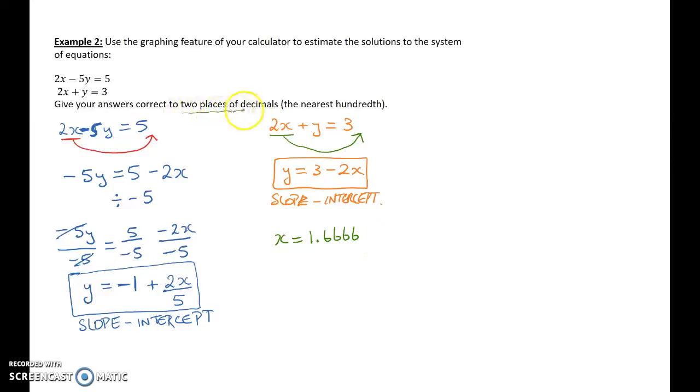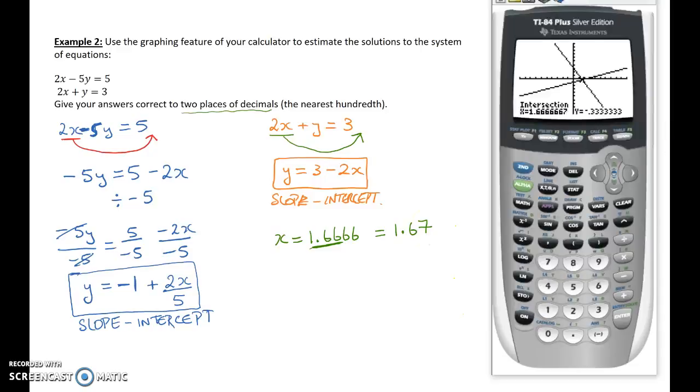Okay, 2 decimal places, the nearest hundredth. So you need 2 places in your answer. So you're going to have 2 places of decimals in your answer. Look at the next one, it's 6, so it bumps it up to 1.67. Okay, so the x is 1.67, and if we bring this back again, the y is negative 0.3333.